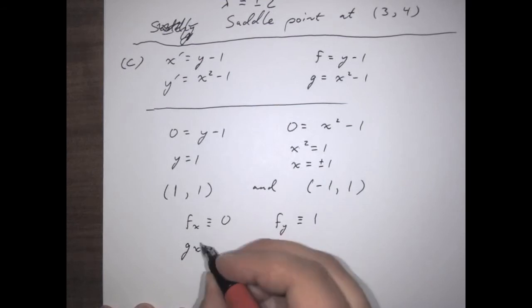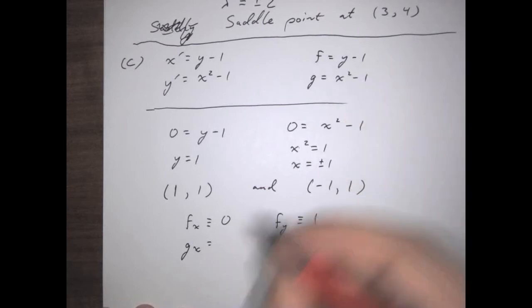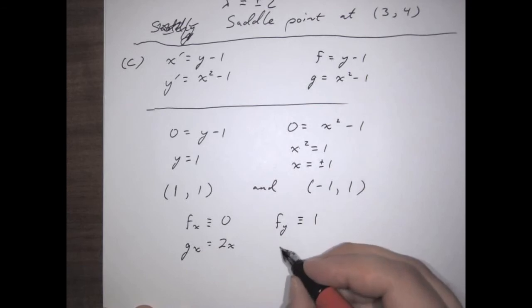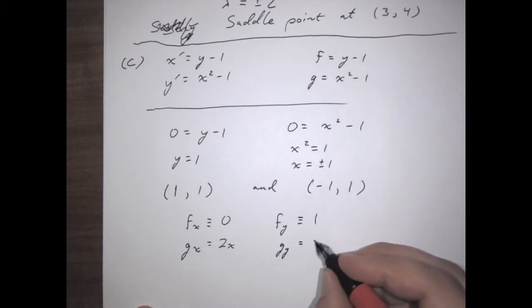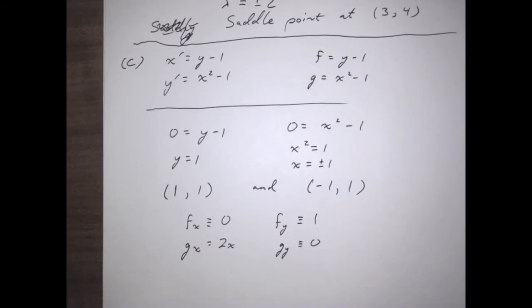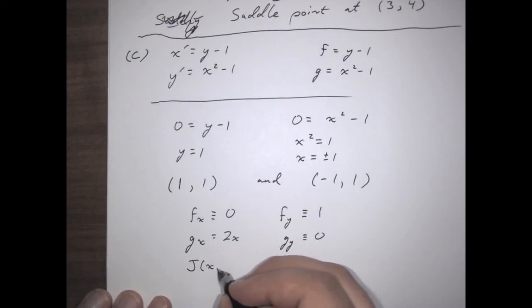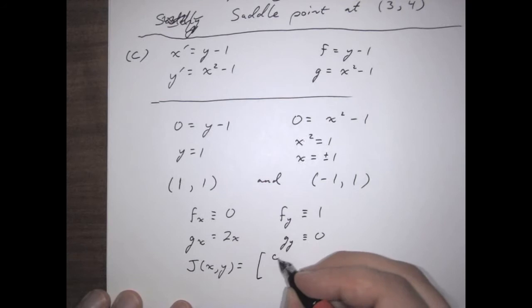G sub x: now we're taking the derivative of something that involves x, so it's going to be 2x minus 0. And g sub y is going to equal just 0. There's no y involved there, so it's identically equal to 0. Which means that J of x comma y is going to be 0, 1, 2x, and 0.